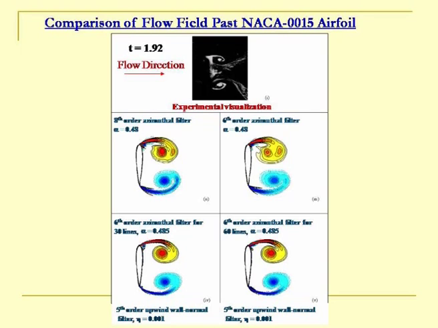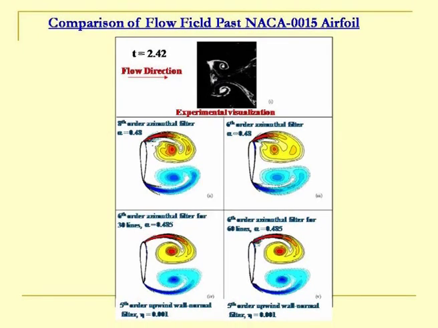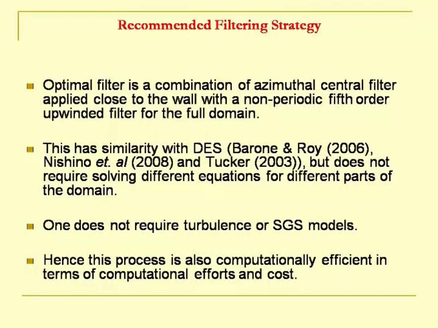by filtering with both. We have done it with azimuthal filters as well as upwind filters in wall normal direction, and some of these results are shown here for different time. But let me just simply close this discussion by looking at what we should be doing.